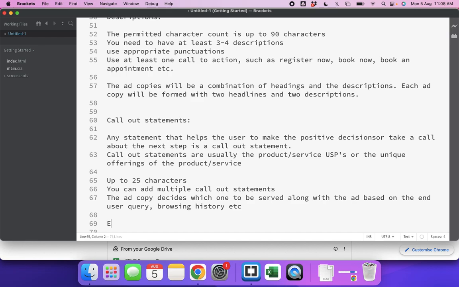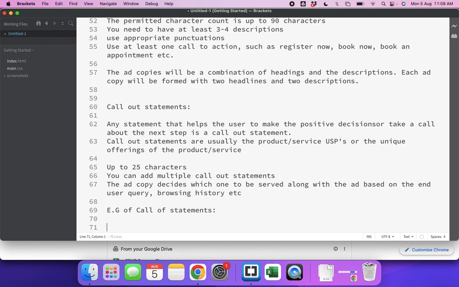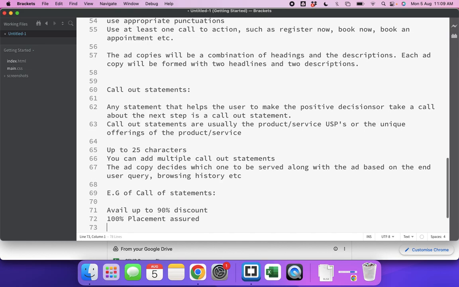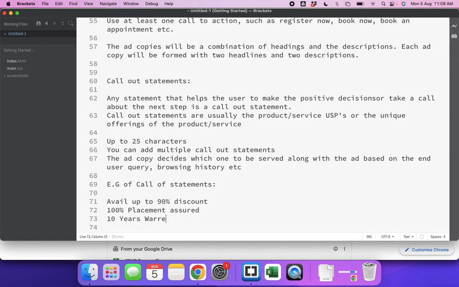Okay, example of call out statements. Avail up to 90% discounts, 100% placement assured, 100% or 10 years warranty.